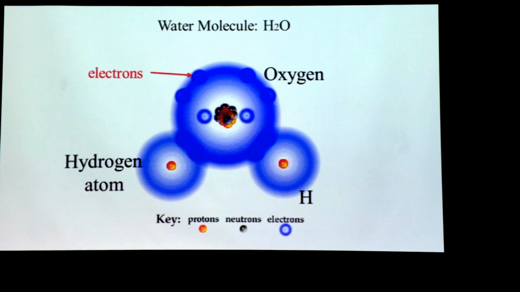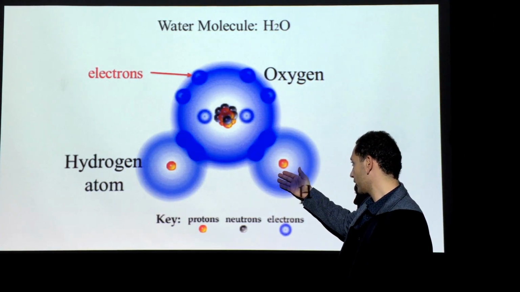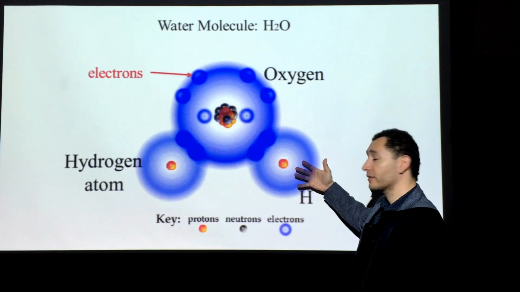Now, water. Water consists of an oxygen atom plus a hydrogen and another hydrogen. Hydrogen all by itself has 1 proton and 1 electron. Is this hydrogen atom stable or unstable? The answer is all by itself it's unstable.